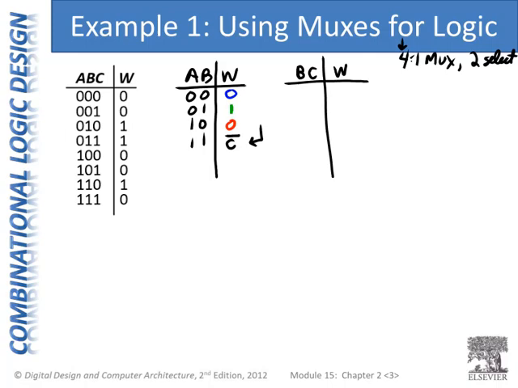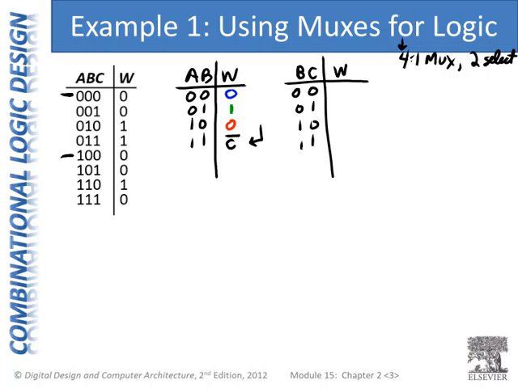So now instead of having A and B on the select lines, we could choose to have B and C on the select lines. So now we have the same possible combinations, 0, 0, 0, 1, 1, 0, and 1, 1, but now these are located in different places in our truth table. So the 0, 0, where B and C are both 0, are in those 2 rows.